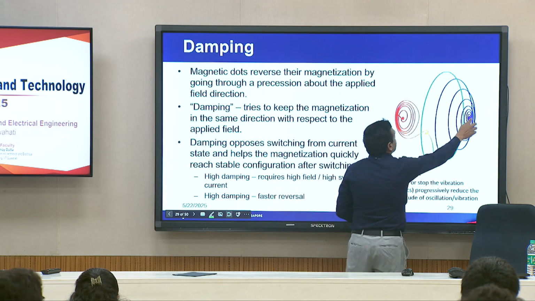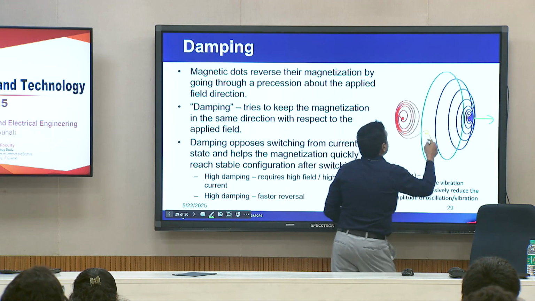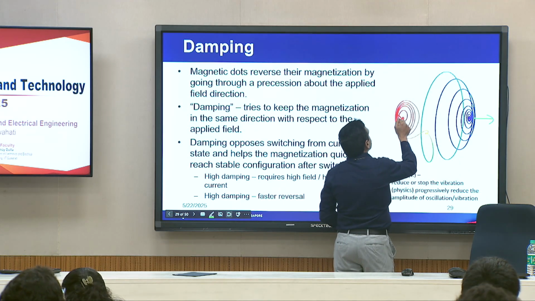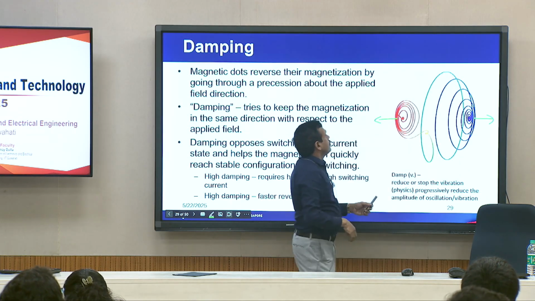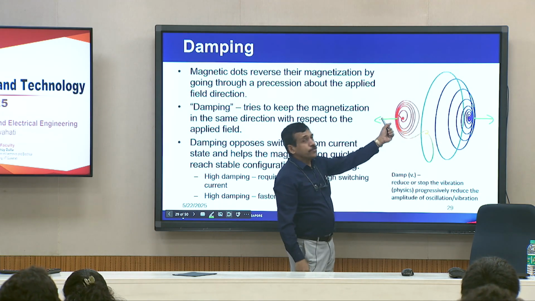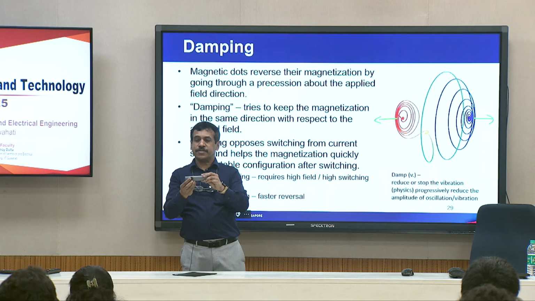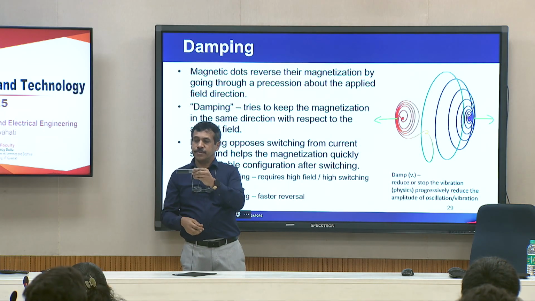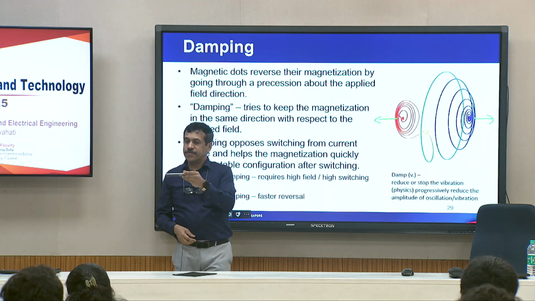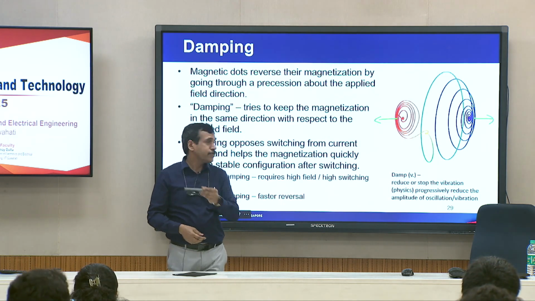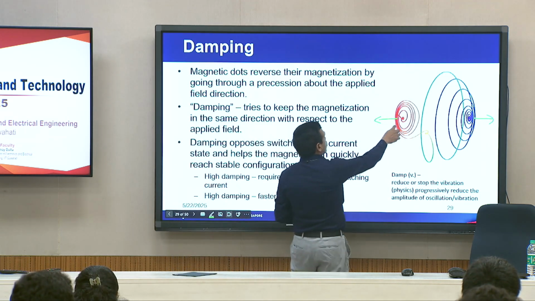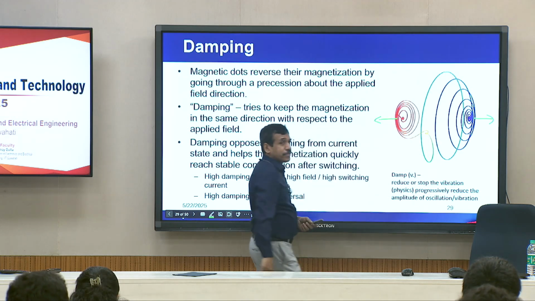So you notice that initially it was in this direction, then when it comes to this direction, it doesn't quickly settle into this position. Even after it has reached the other direction, it keeps precessing, then finally slowly settling into one particular direction. So you see there is so much precession happening.